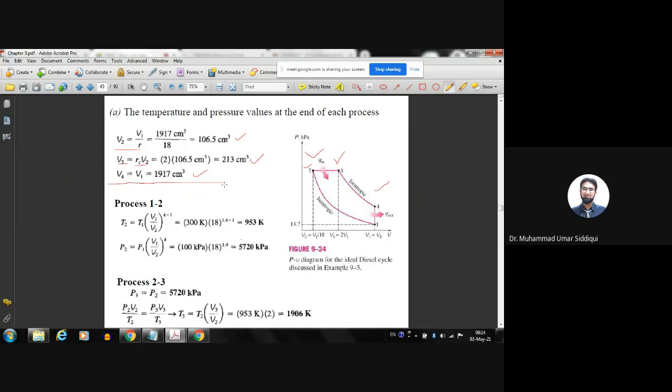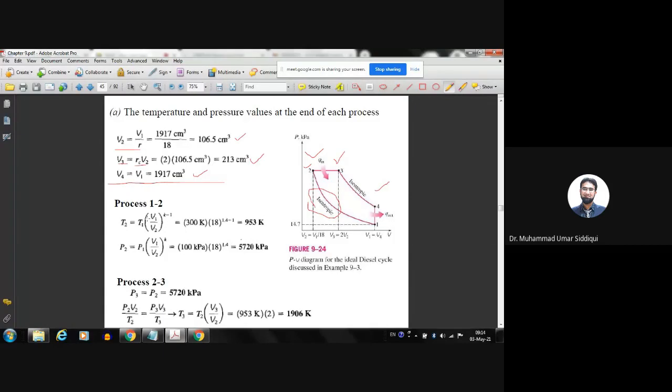Straight away, now we can move towards process 1 to 2. Process 1 to 2 is isentropic compression. So we cannot use Table A17 because it is a cold air standard assumption. So we are going to use the formulas developed for the isentropic processes.